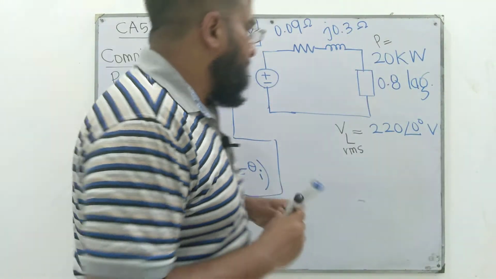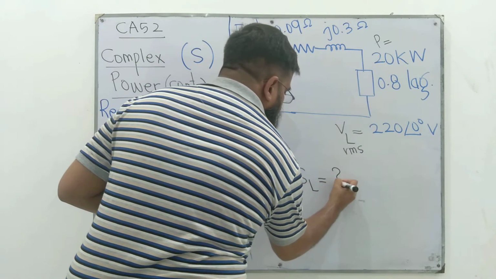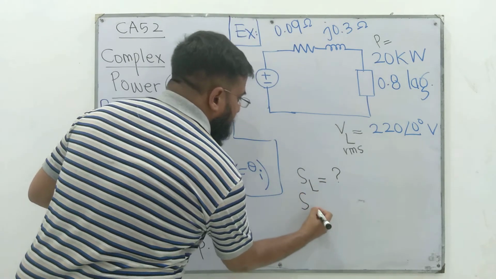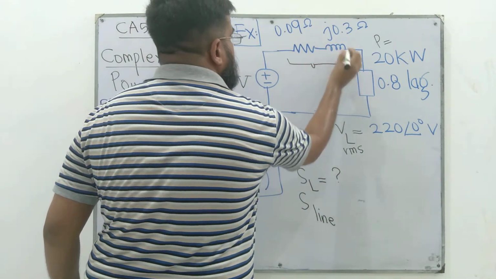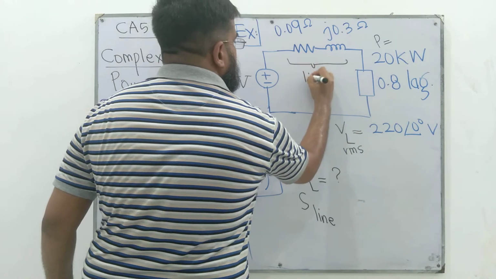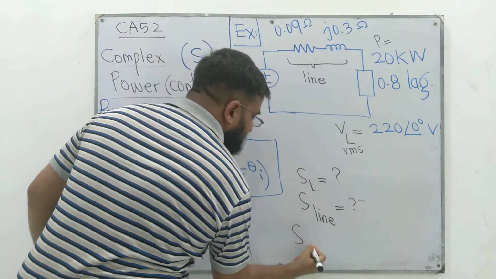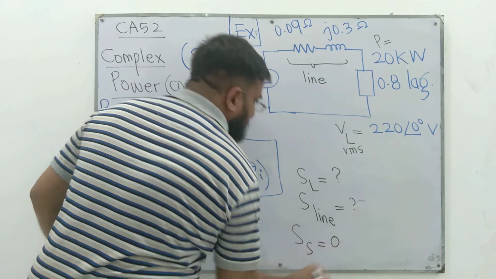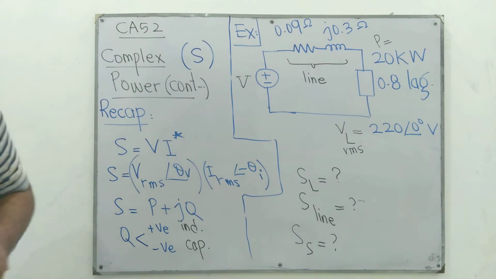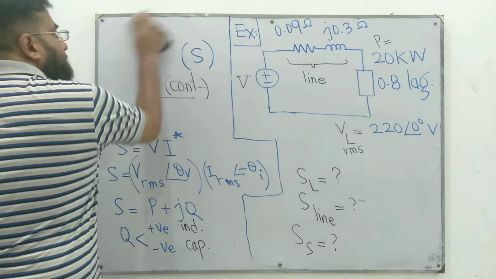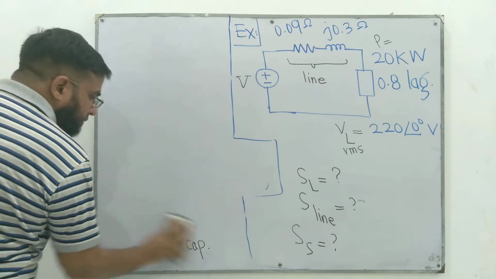We are supposed to find S in the load, the complex power absorbed in the load, the complex power absorbed in the line, this combination of inductor and resistor being called the line, and the complex power absorbed in the source.